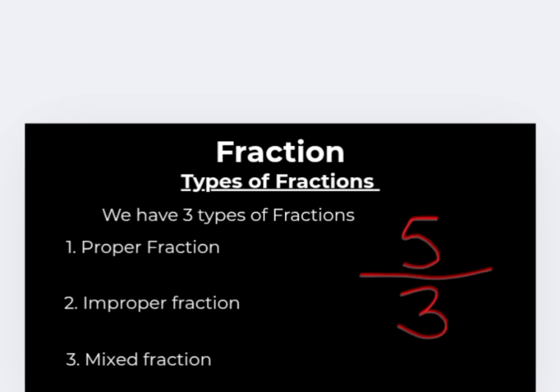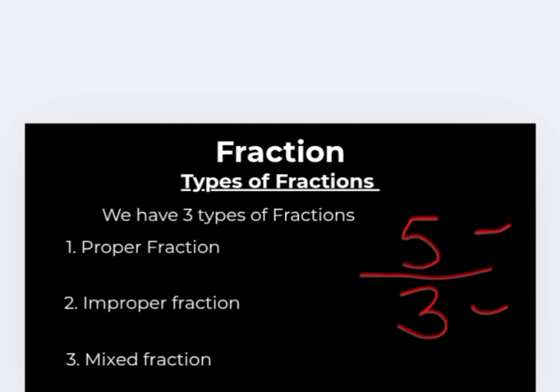The number at the top here is referred to as the numerator, while the number down is referred to as the denominator. So is it proper for you as the child to carry mommy or daddy? No. So it is improper. So when the numerator is bigger than the denominator, it is an improper fraction.